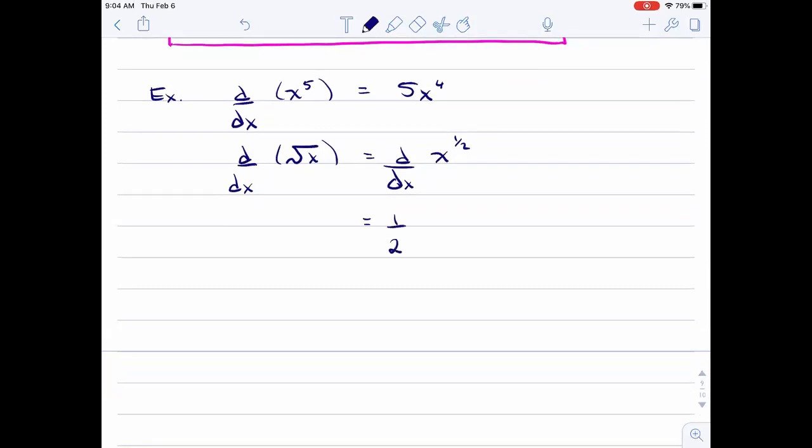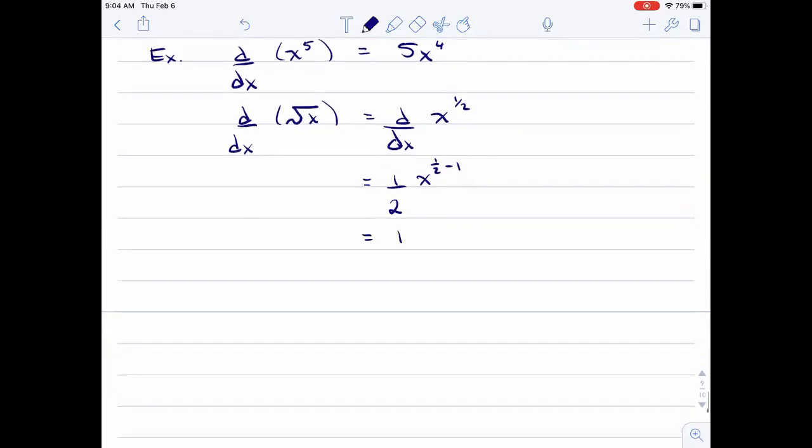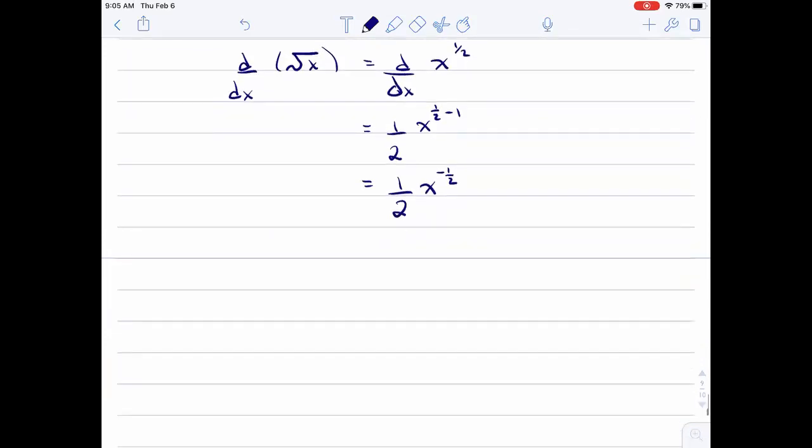So 1/2 x to the 1/2 minus 1 puts me at 1/2 x to the negative 1/2, which I can rewrite as 1 over 2 root x, because x to the negative 1/2 is just 1 over root x.